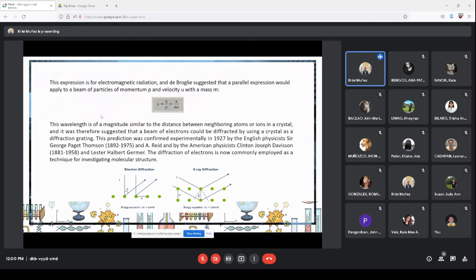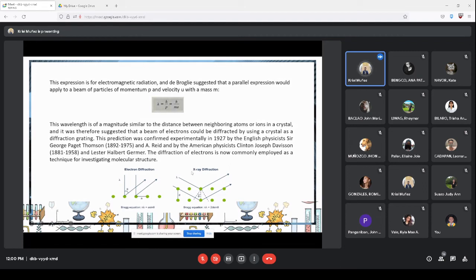Got it? So this wavelength is of magnitude similar to the distance between neighboring atoms or ions in a crystal, and it was therefore suggested that a beam of electrons could be diffracted by using a crystal as a diffracting agent. Actually, great thing. So actually, class, this is of high importance in crystallography.